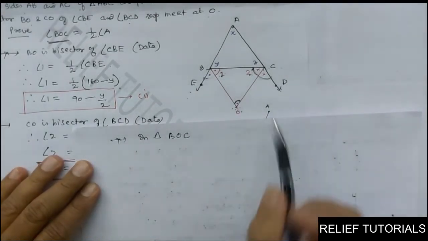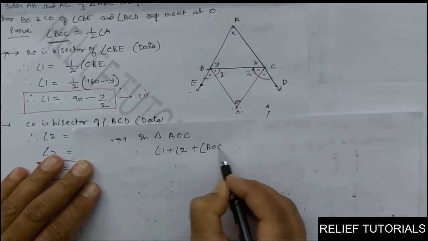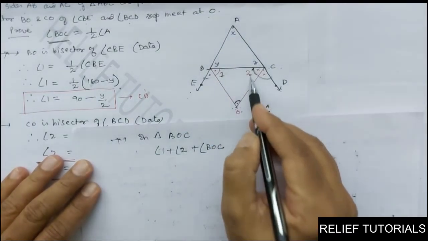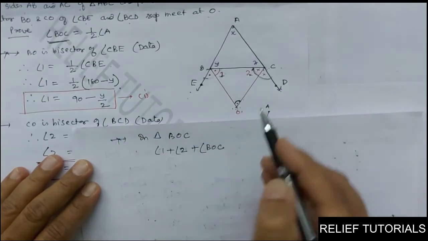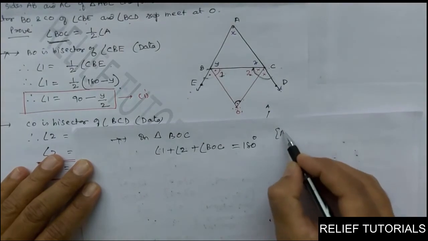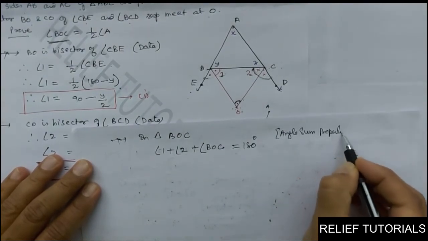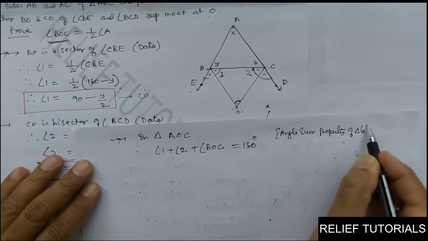What can you say? Angle 1 plus angle 2 plus angle BOC, the 3 angles, is equal to 180. Reason: angle sum property of triangle.